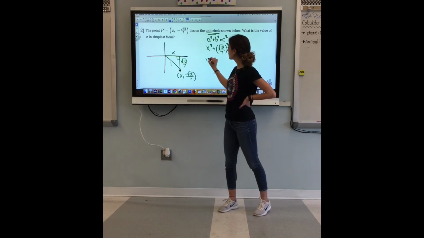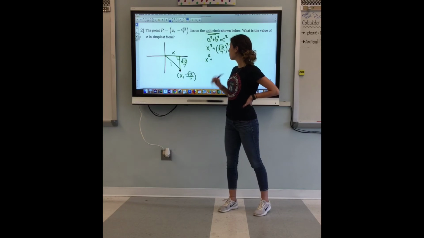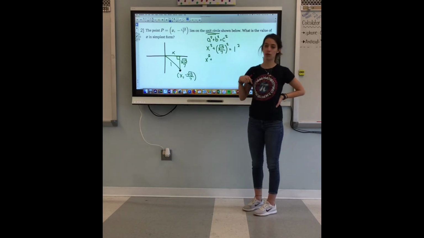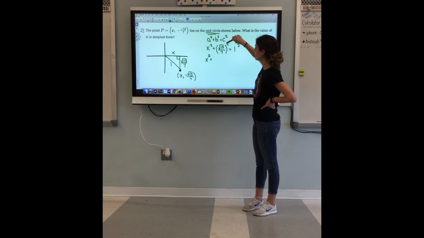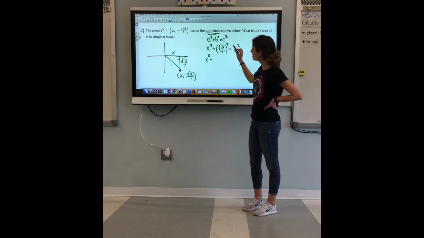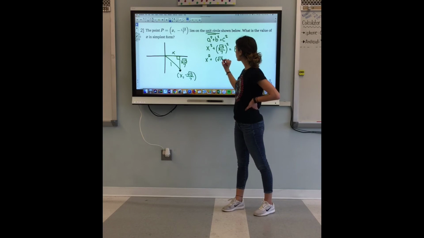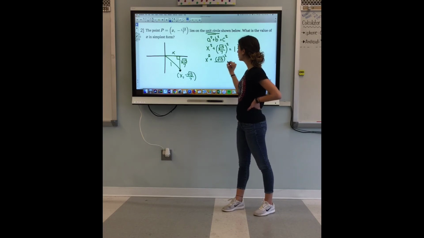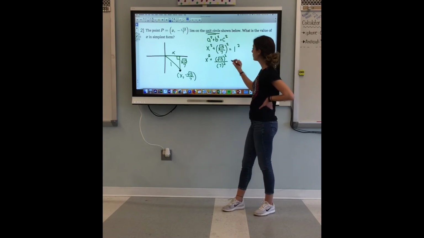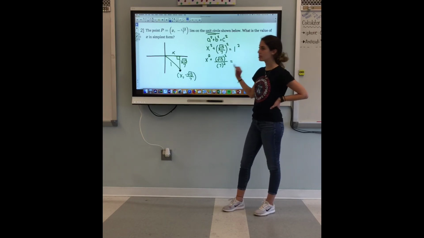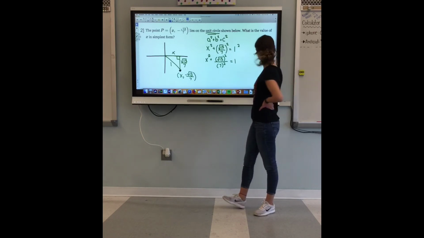Okay, so this stays x squared plus. Now I want to talk about this for a little bit. We can apply this exponent to the numerator and to the denominator. So this can actually become radical 13 squared over 7 squared. And now 1 squared, 1 times 1 is 1.